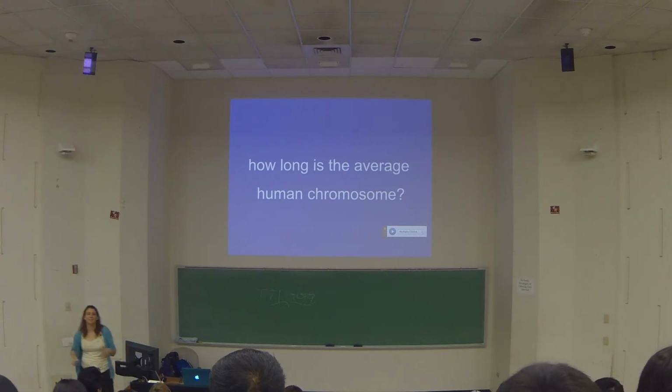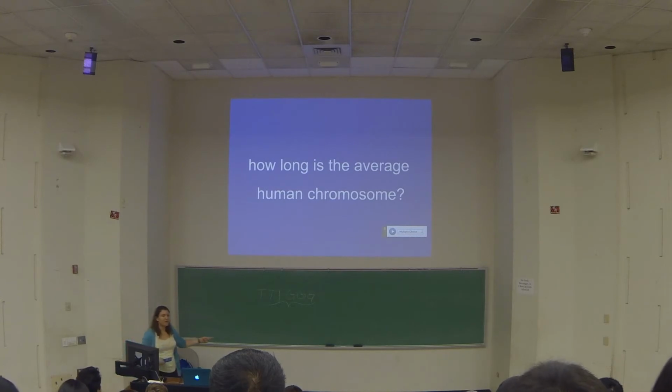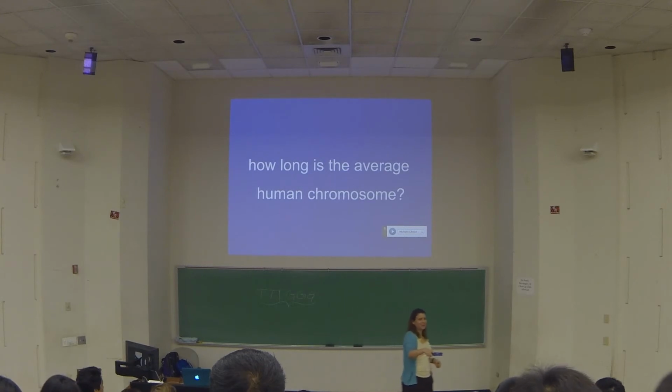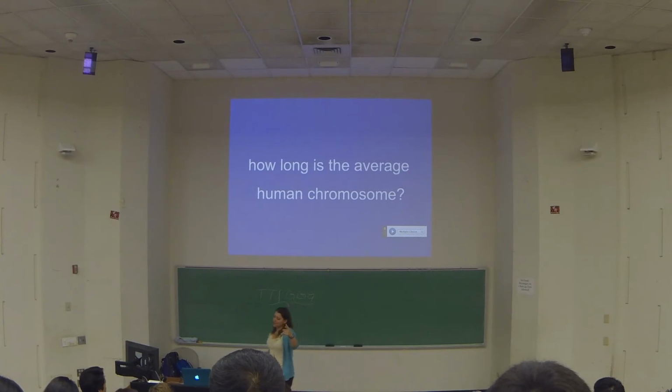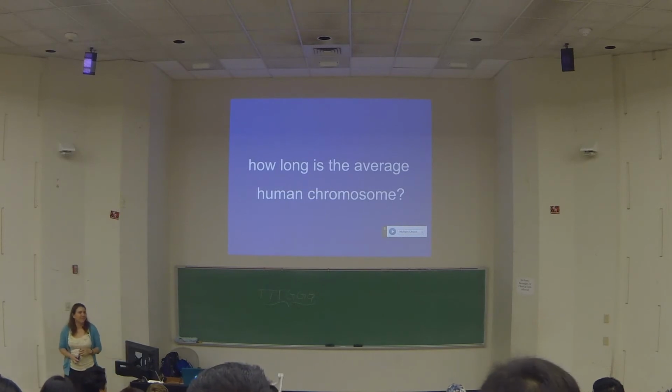Anyone have any guesses? We're talking about 1 million for a bacterium. It's 3 billion. I'm impressed. That was a really good guess. It's around 3 billion. 3.4 billion? 3.4 billion, even better. You guys have been paying attention to your human genomes.